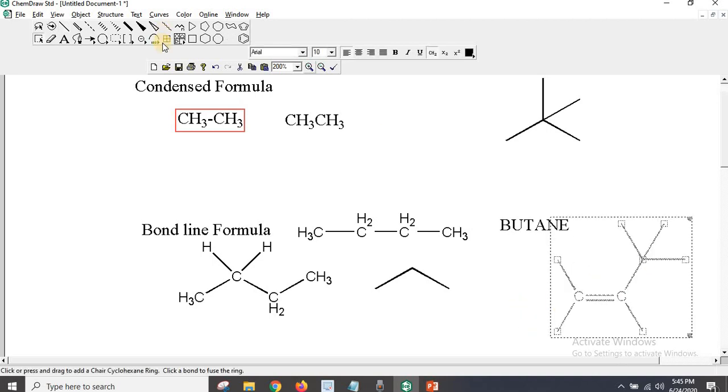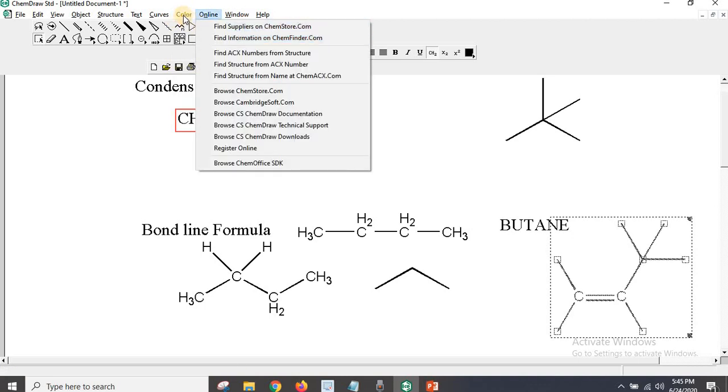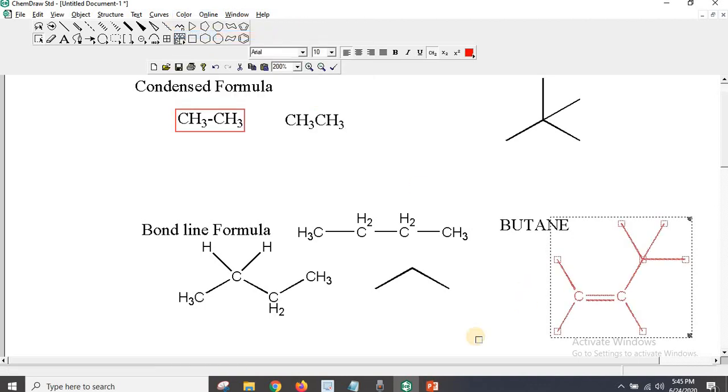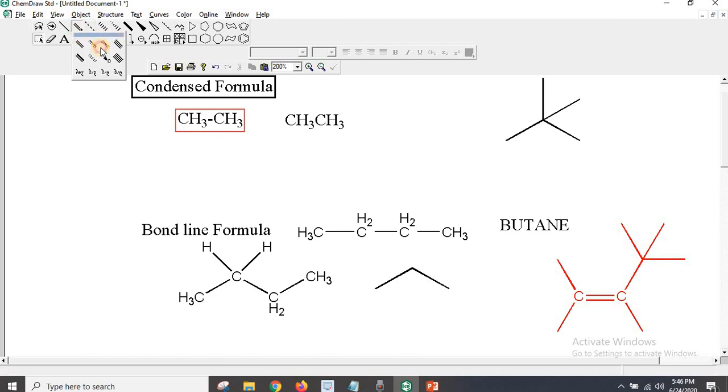So in this molecule, which I have colored in red, this is an sp3 carbon and this is an sp2 carbon. Automatically it takes the particular geometry and hybridization. Understand? And if I put a triple bond, this is the triple bond.